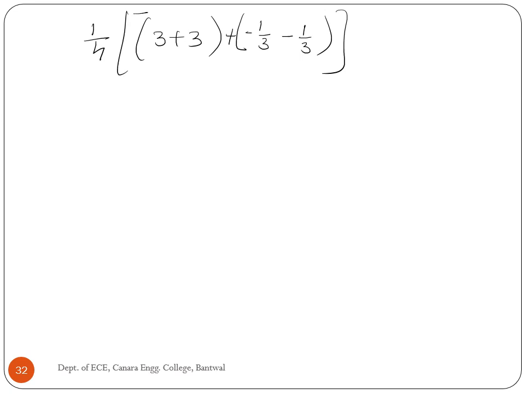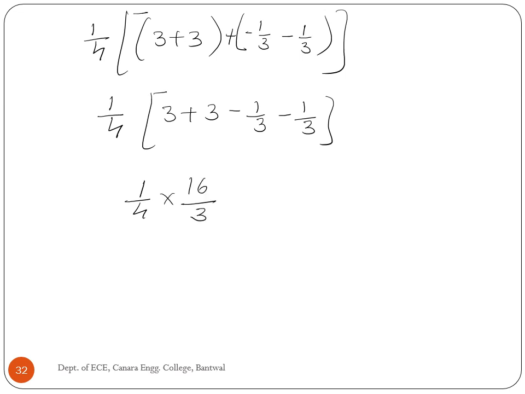When we apply the limit to the previous step, we will get 1 by 4, 3 plus 3, plus minus 1 by 3 minus 1 by 3. Therefore 1 by 4, 3 plus 3 minus 1 by 3 minus 1 by 3, we will get 16 by 3, so which is equal to 4 by 3.